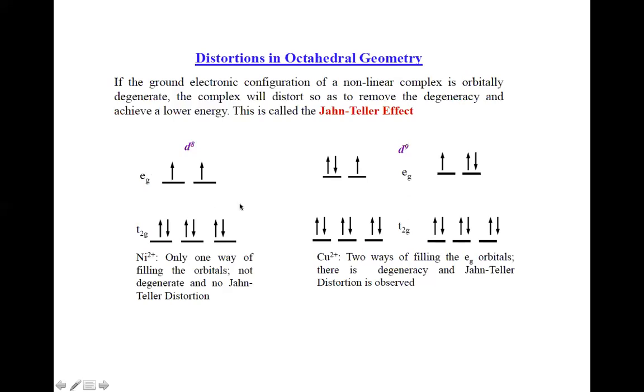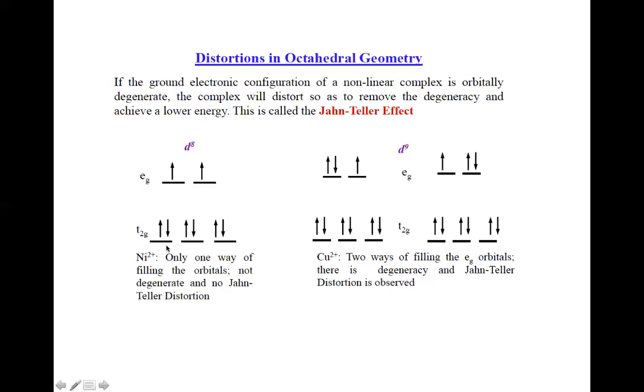And eg means a set of two orbitals, that is dx square minus y square and dz square. If these two sets of orbitals are electronically symmetric, then we cannot expect any kind of distortion in the complex.